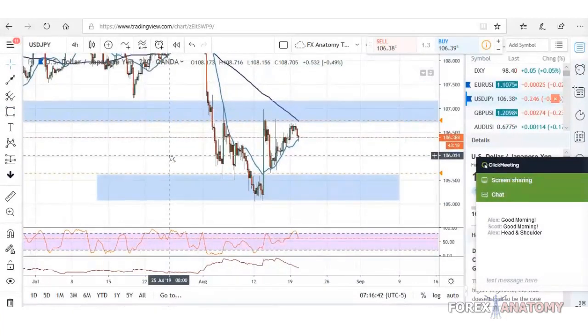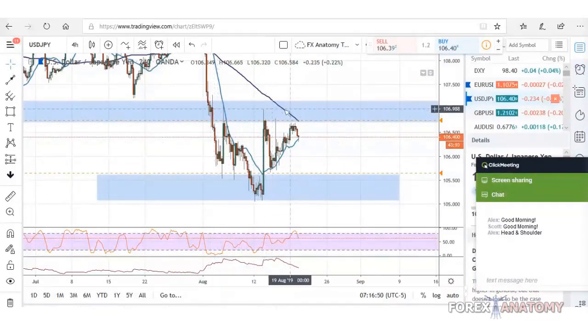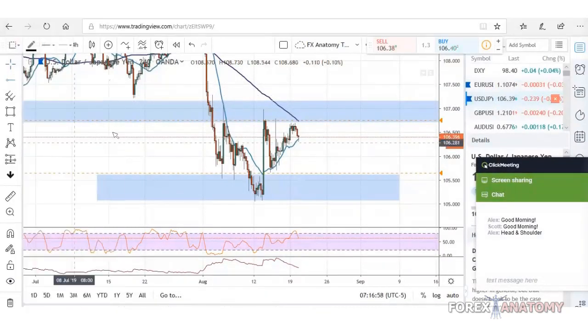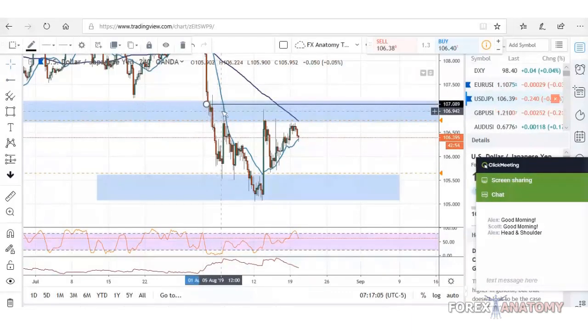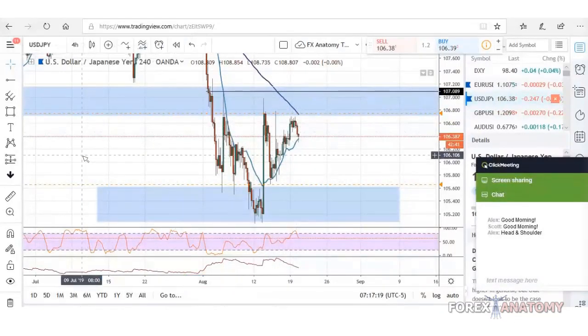Price is pretty much trapped between this zone of support and this zone of supply up here, and we won't be confident in directionality until we see a break of this high right here at about 107.09. But right around here is where I was looking for a setup to take place, and I was looking for that setup on the 1-hour time frame.